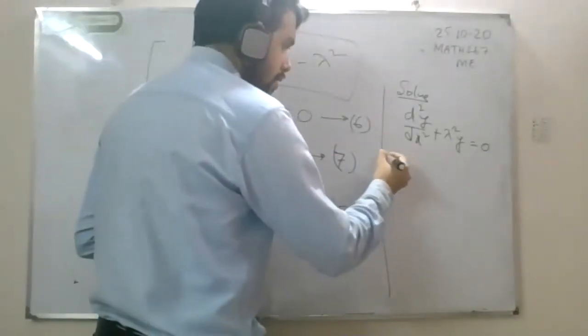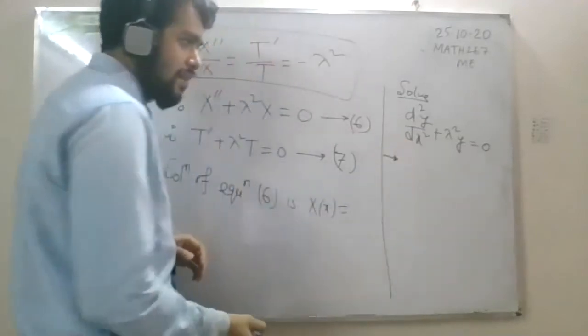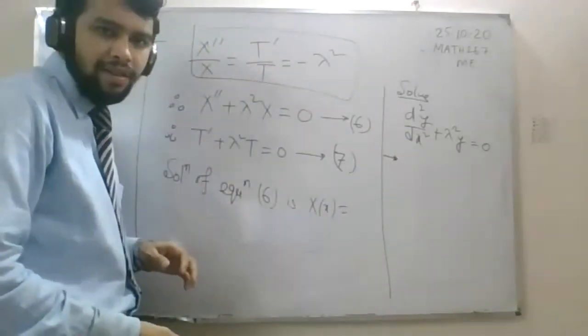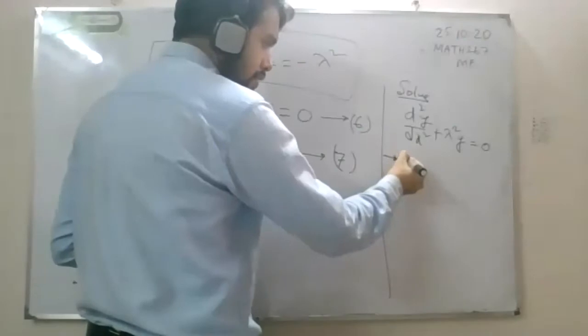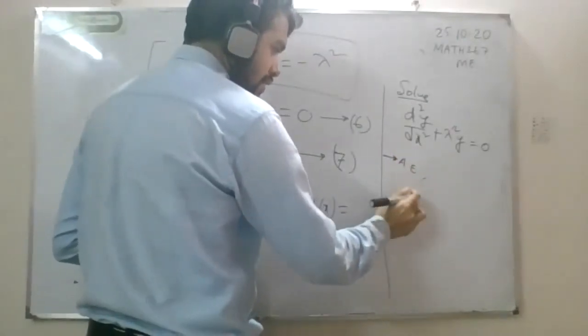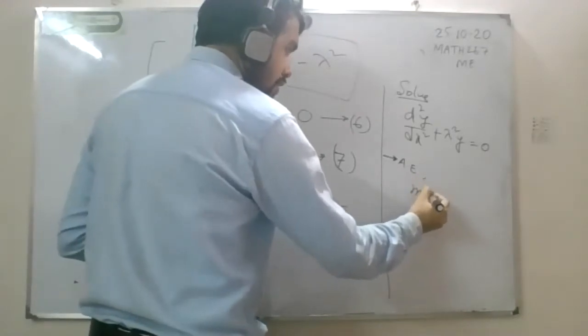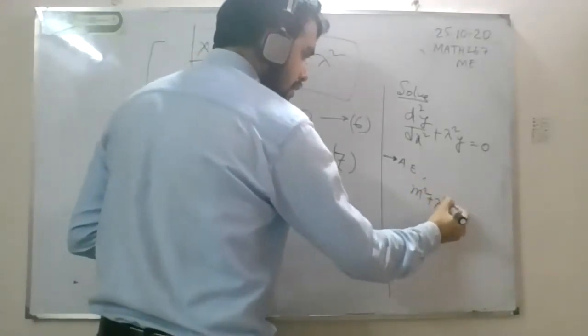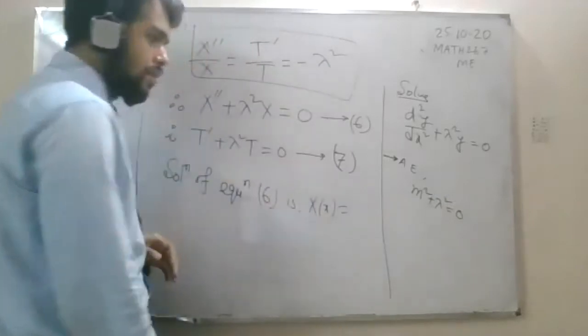To solve this kind of problem, you have to first find the auxiliary equation. For this, you have to find m square plus lambda square.